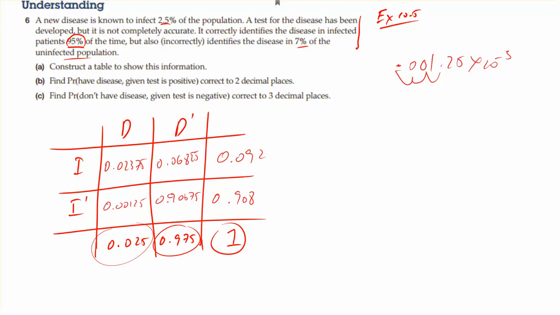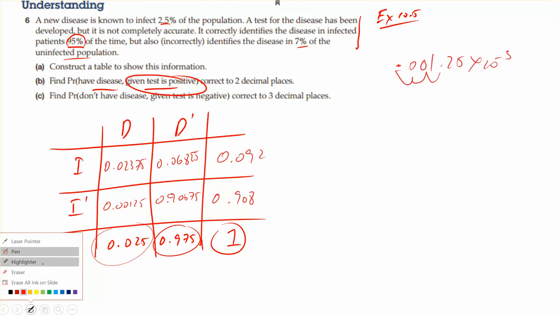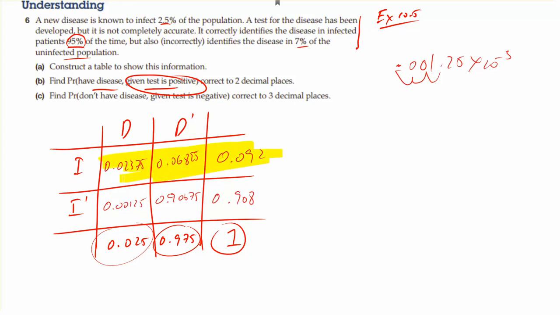Conditional probability. Find the probability that, given they test positive, they have the disease. Once you've done the table, the rest is easy. Given that they test positive, so test positive means I, identifies.